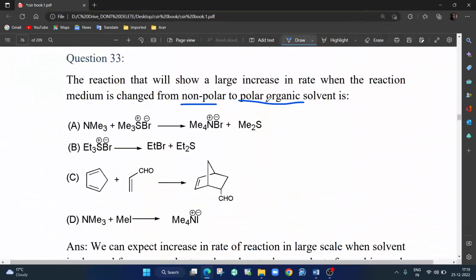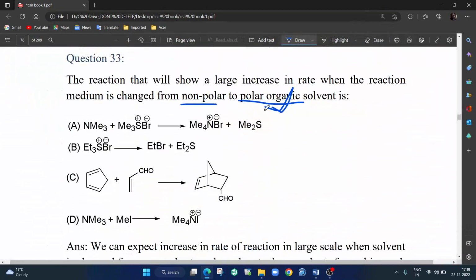Basically it says if your product is becoming more polar than your reactant, then what happens? Then if you change solvent from non-polar to polar, the reaction becomes very fast because it will stabilize your product, and therefore the reactant will be forced to undergo reaction faster.